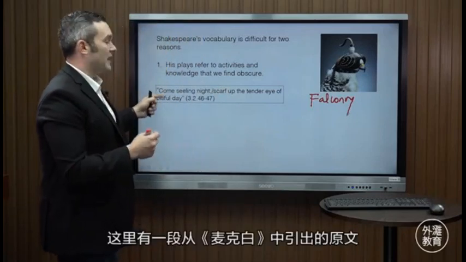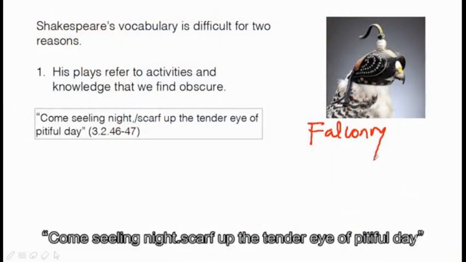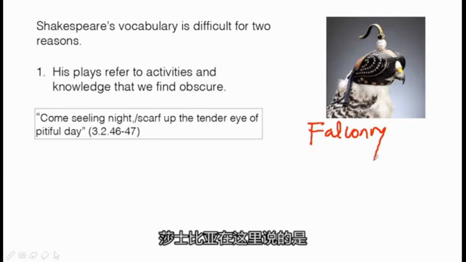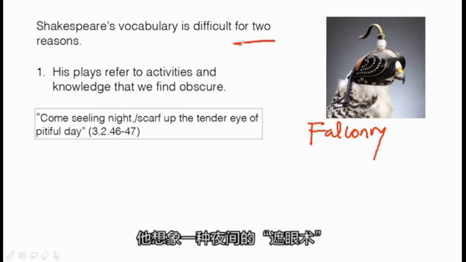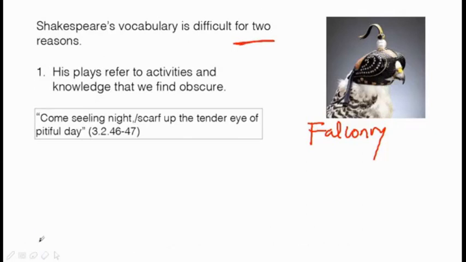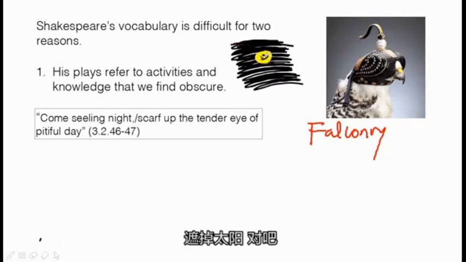So here's a quote from Macbeth where we see falconry alluded to. Come sealing night, scarf up the tender eye of pitiful day. So what Shakespeare's talking about here basically is, he's imagining a nighttime scene, and he wants the nighttime scene to cover up the sun, right?